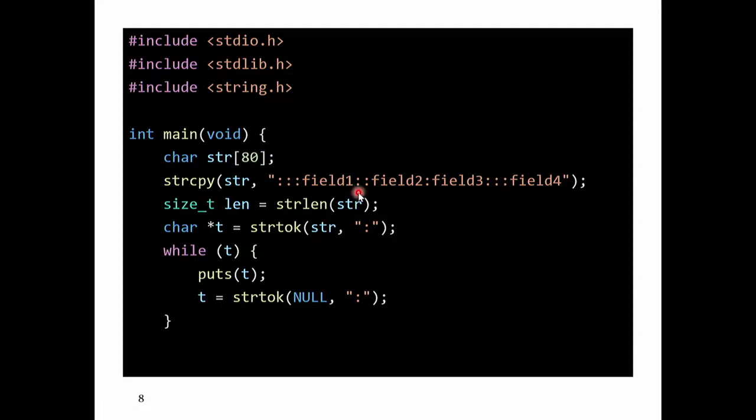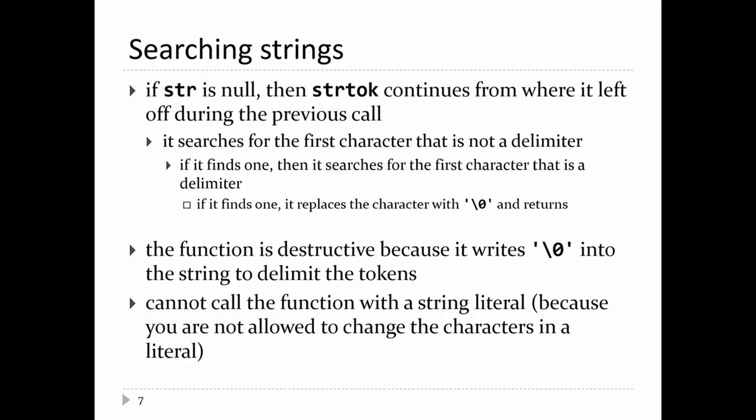It wrote a \0 there, so the next character is a delimiter. So it keeps going. Now it finds the f. It doesn't overwrite that delimiter, it skips over it and comes to the f. F's not a delimiter, so it remembers that's where the start of the next token is.